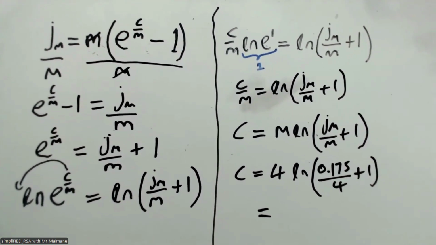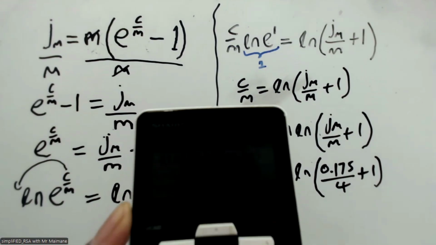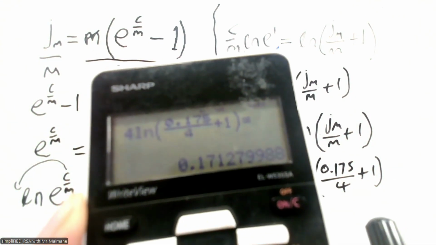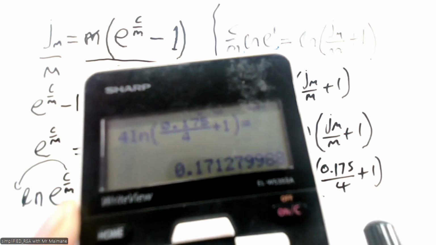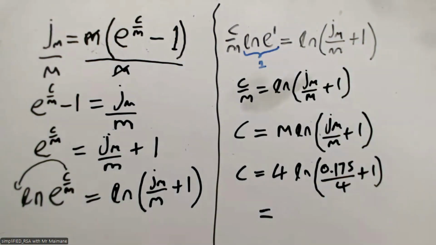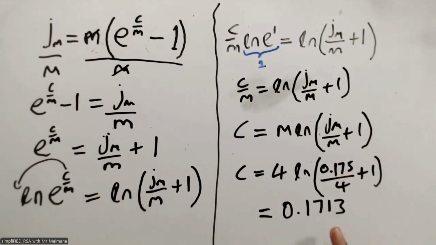Now when I punch this on a calculator, exactly as the formula looks, my final value is 0.1713.